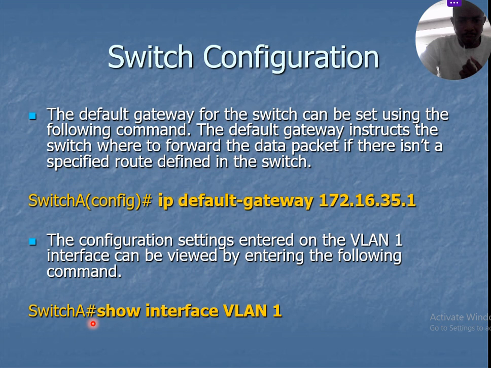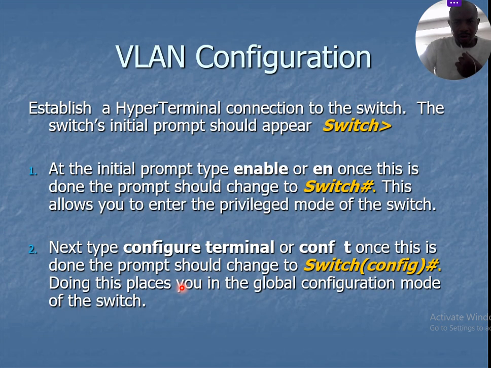This is the command you enter on your command line interface. Once you type it, it will run and show you everything that you have configured on the switch regarding the interface VLAN 1.